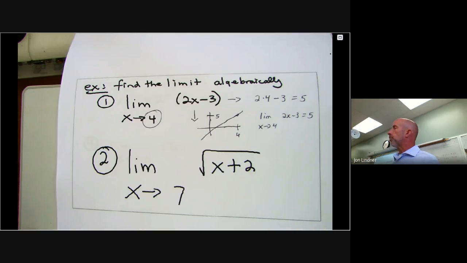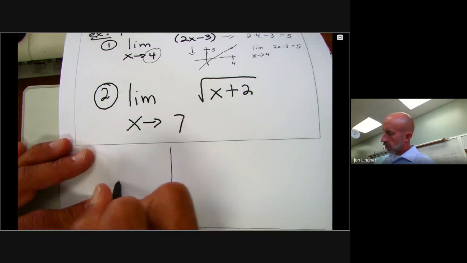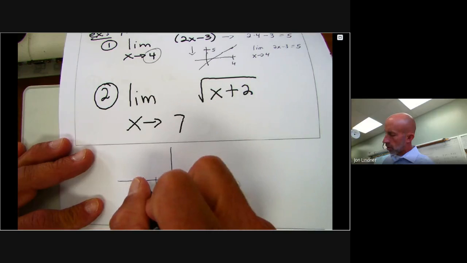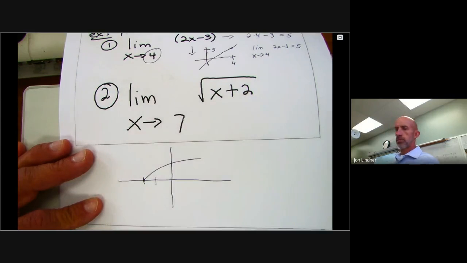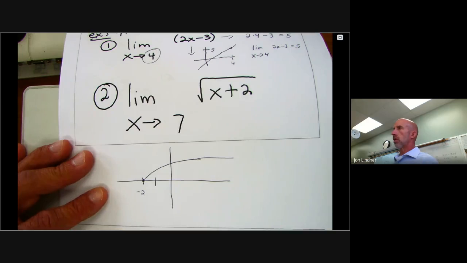Now, it might help us to remember what this function looks like. This is a square root function that has been moved to the left 2 units. That's what that looks like. Over here is negative 2. It's been moved to the left 2 units.